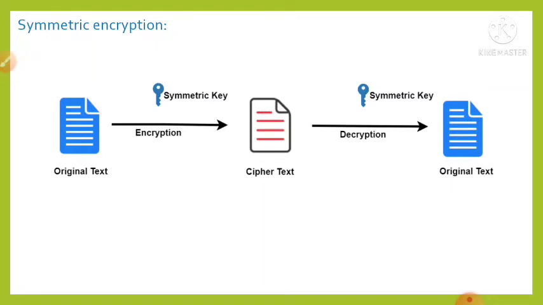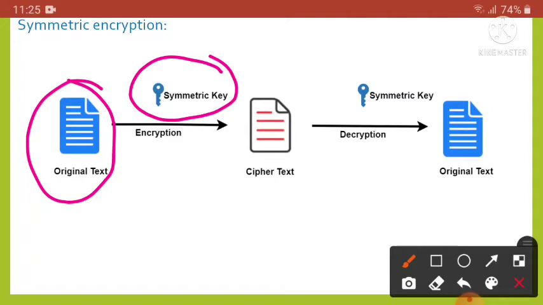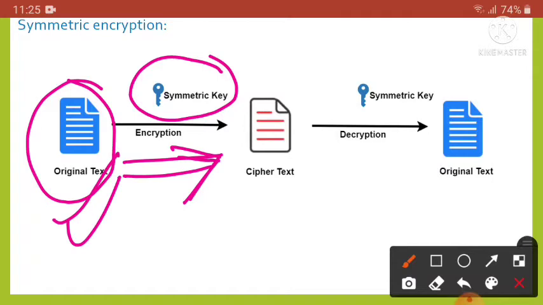The first type of encryption is symmetric encryption. You can see this diagram very easily. Here it is the original text. Then using the symmetric key we are able to encrypt the original text or data into ciphertext. What is ciphertext?